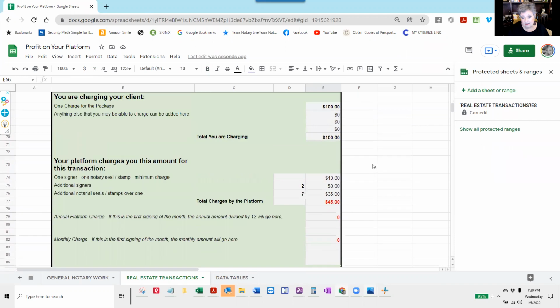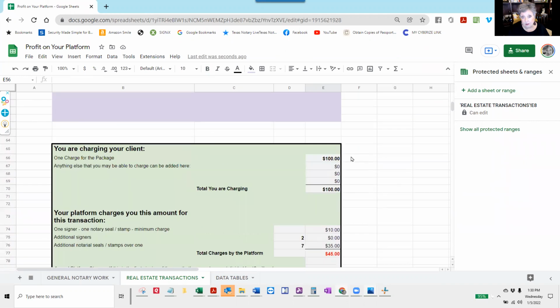I am not going to comment on how much anyone should charge, except that they must go with no higher than their state allows per notarial seal.